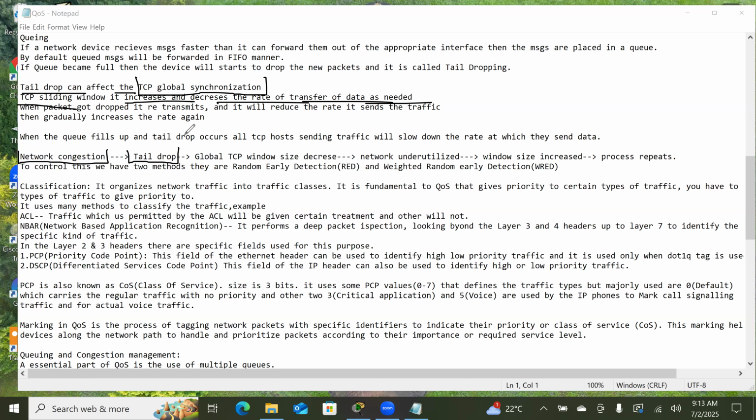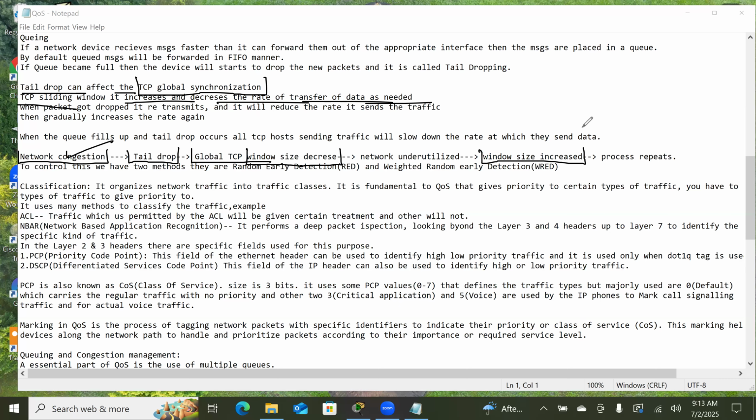When the tail drop is happening, it affects the global TCP synchronization, and the device is going to decrease the window size. And if the device sees that the link between the source and destination is underutilized, it's going to increase the window size.